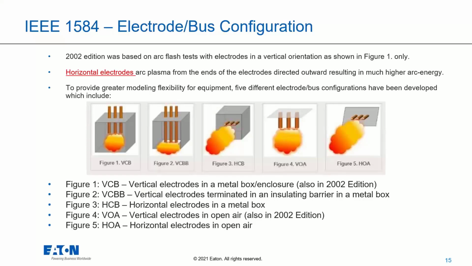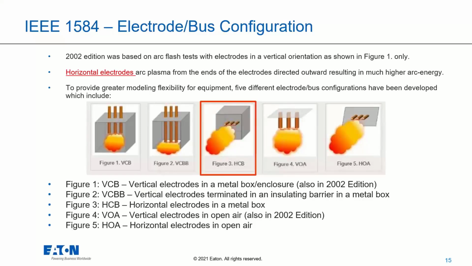Again, it's a good middle of the road value, which included a lot of different pieces of gear. But what the IEEE team did find in making these new configurations is that in some cases the energy was less than in the 2002 model, but in some cases it was quite a bit worse, with higher energies than they initially thought.